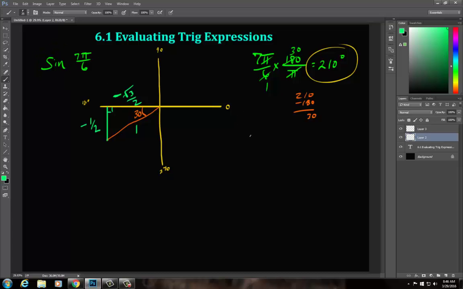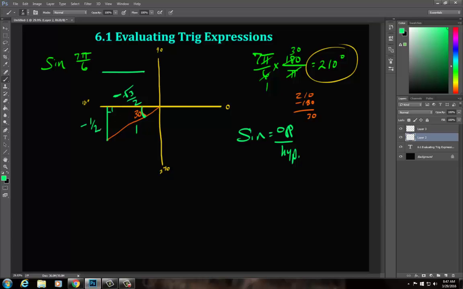And of course, remember, the sine is opposite over hypotenuse.